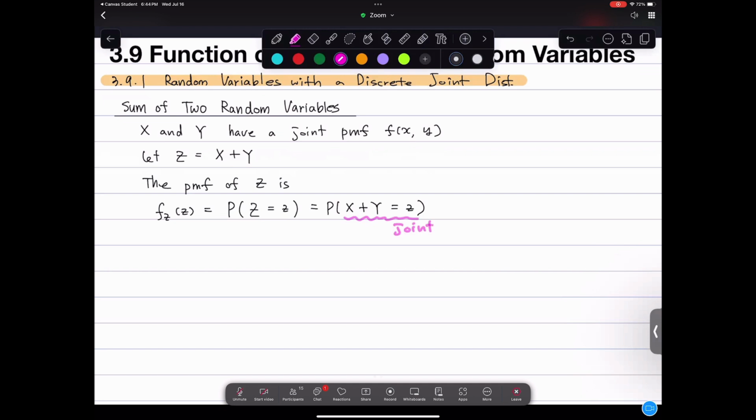So we have to use the joint PMF to get this probability. So I have to add up all these x, y pairs, whatever the x, y's are, such that the sum of those two numbers must equal the number z. And I want all these x, y pairs to get all the joint probabilities together.